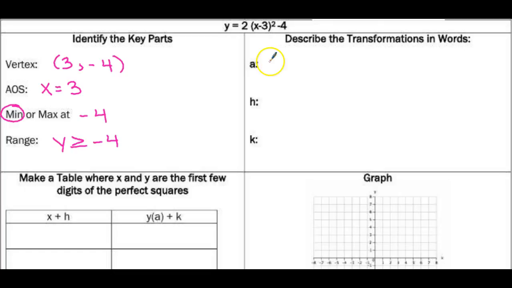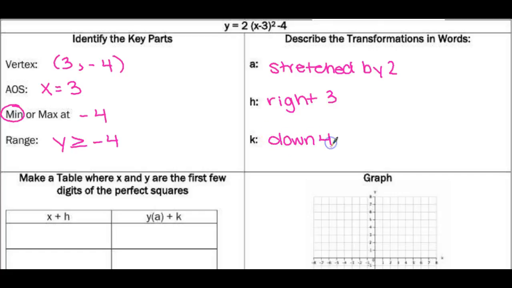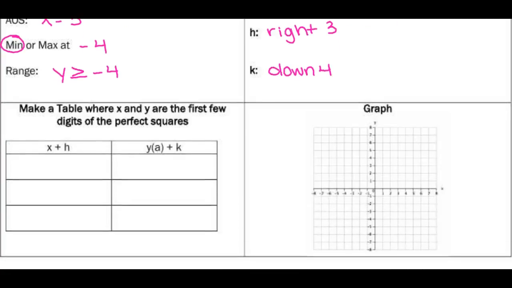The positive 2 tells me it is stretched by a factor of 2. The 3 inside, because it's x minus 3, tells me right 3. So remember, the right 3 and down 4, what's that giving me? The right 3 and down 4 represents my movement across here and down to give me my vertex.